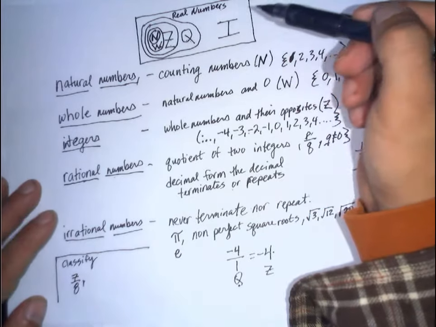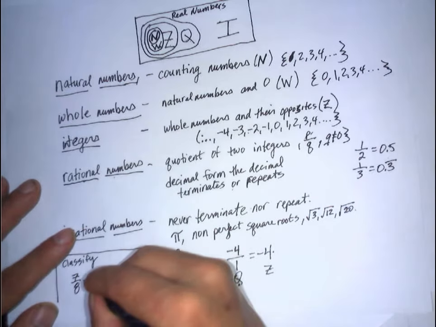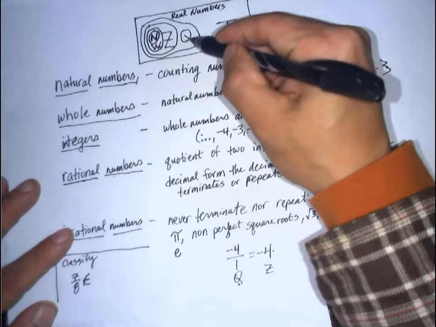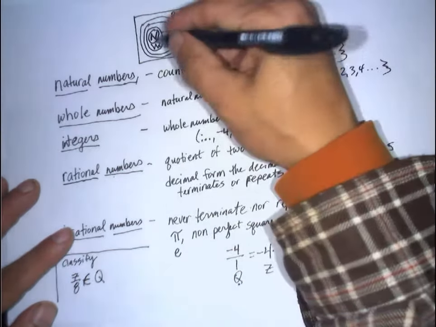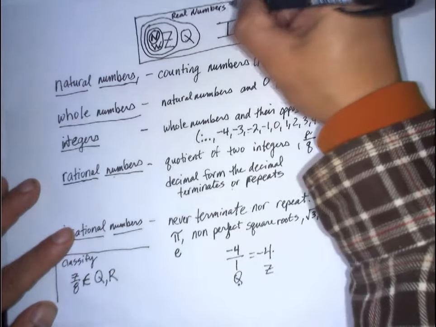I'm not going to write everything out. If you want to write it all out, that's fine. We could say 7/8 belongs to, well, it's a fraction, so it's going to be a rational number. It's not an integer. It's not any of this, but it's also a real number, which we use the letter R for.